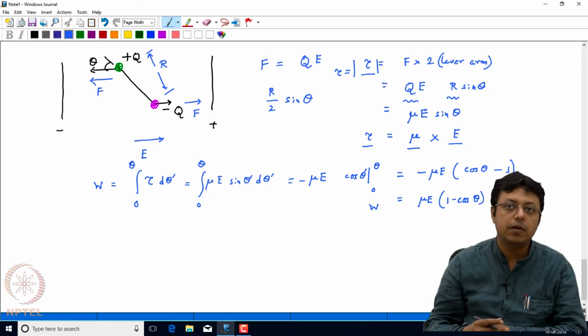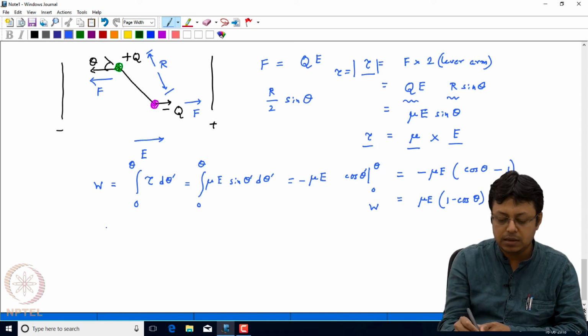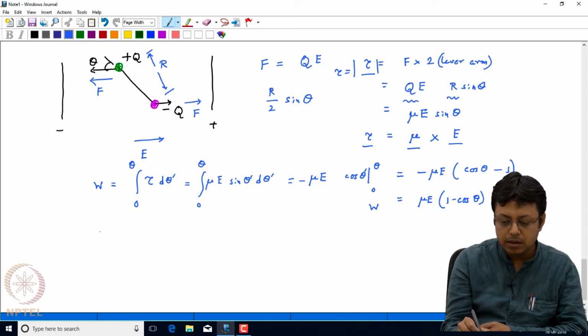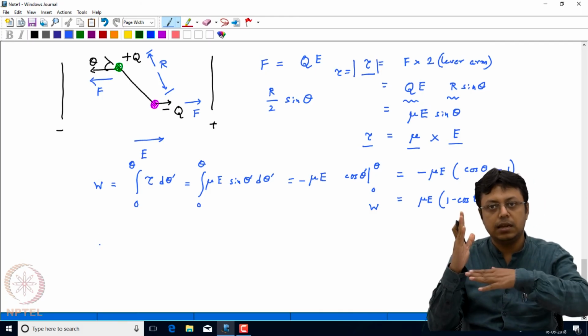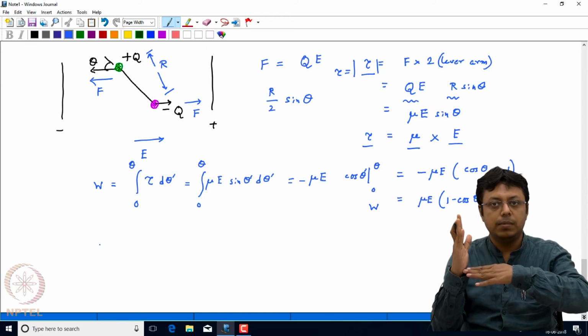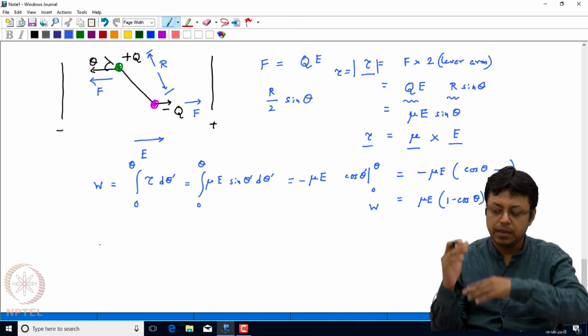Now, we have to define a zero of potential energy. You can think that when the angle between the dipole and the external field is 90 degrees, the dipole and the field are not interacting, because the force acting on the dipole due to the field will be 0, since cosine 90 is 0.